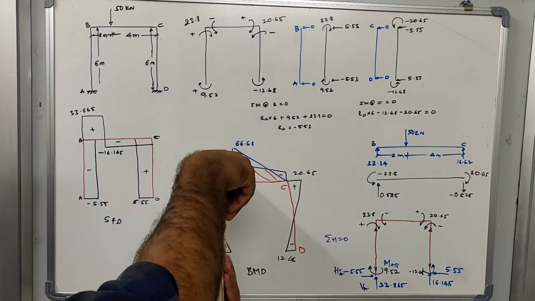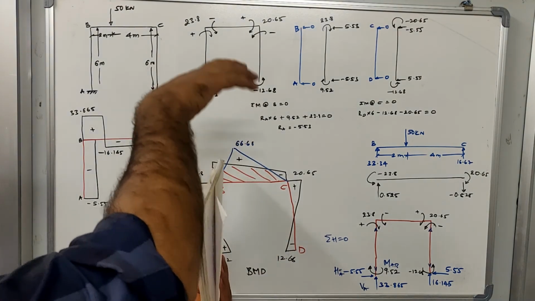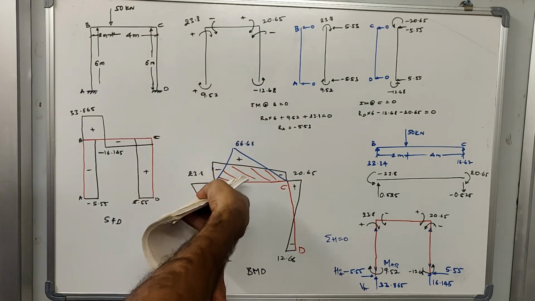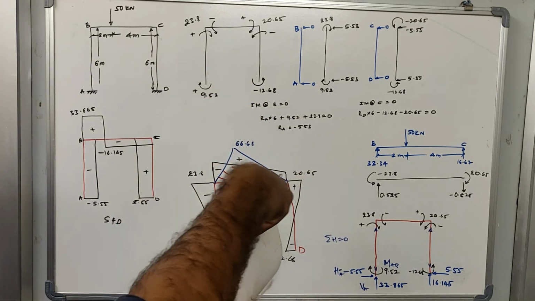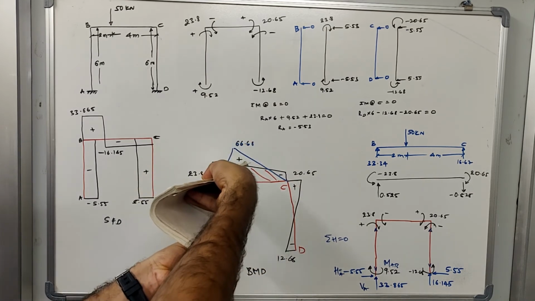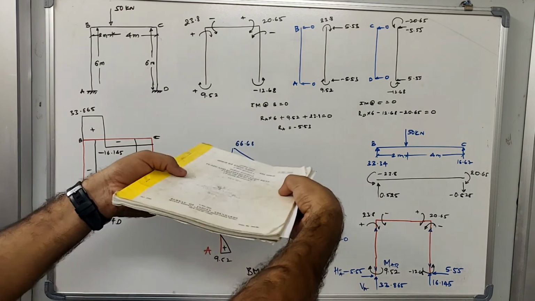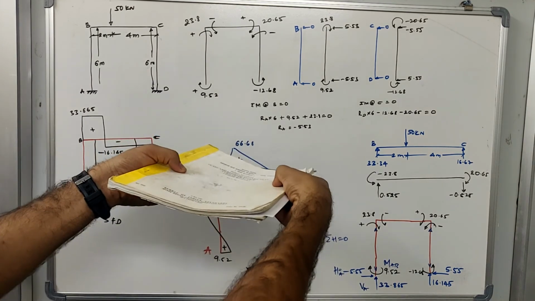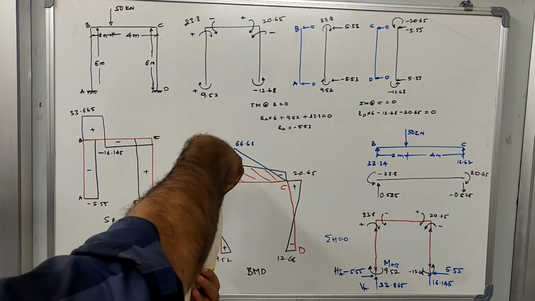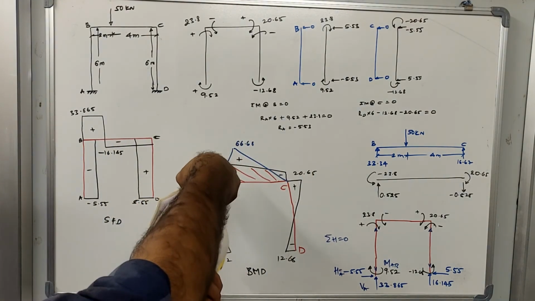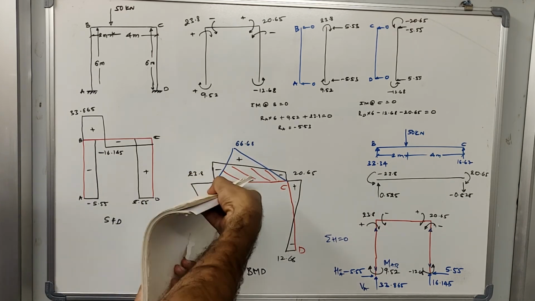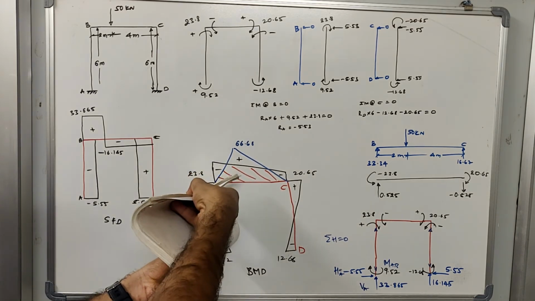Now I apply a clockwise moment over here, and at this point I apply again a clockwise moment. See how this column has been twisted. Earlier, both moments were creating a hogging kind of moment, but in this case it is reversed.